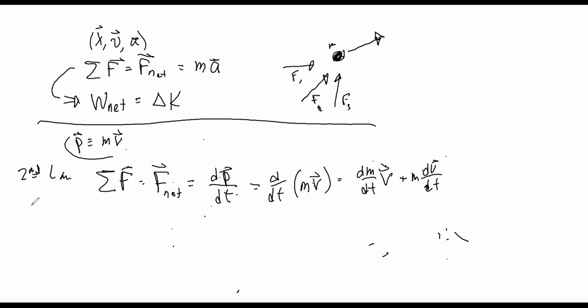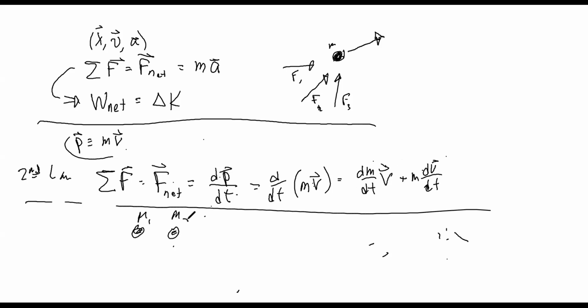If we consider a system of masses, I'll just say two. These masses may interact. Typically, if they're in a system, there will be some force between them. They'll bump into each other and whatnot.